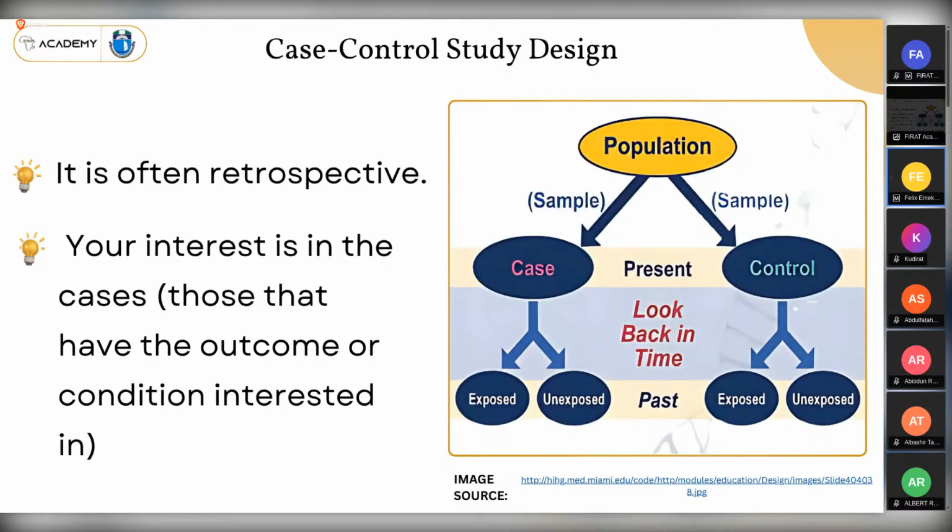For example, you want to look at the prevalence of malaria, and one of your hypotheses says that there is no significant difference between those that sleep under insecticide-treated nets and the prevalence of malaria.